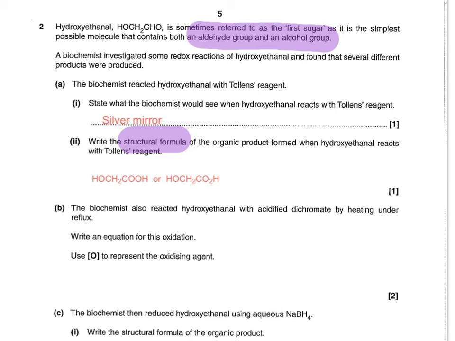So your structural formula has to have a COOH or a CO2H in there somewhere. So the really important bit that should be in your answer is there and there. Notice that the primary alcohol is actually left alone. Tollens doesn't actually react with primary alcohols or secondary alcohols, it's only aldehydes that it reacts with. So leave the alcohol group alone when you're doing this.